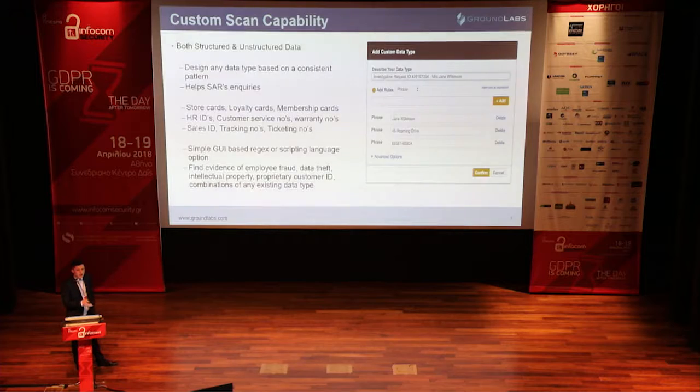Whatever information they have relating to the data subject, they can input into these fields so that when you schedule your next scan, the software identifies every piece of information relating to these unique identifiers. We can then bring this back to the management interface, and the person managing the request can show Jane all of the data they're holding on her. Without the correct tools in place, this can be quite a difficult task to manage. Even if you have certain processes in place, how can you be sure that you have identified every piece of information?